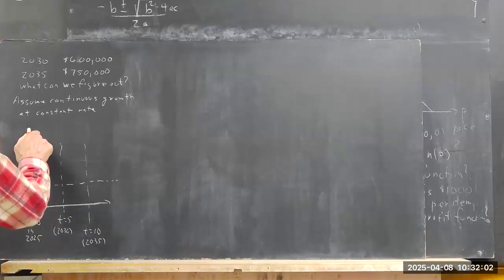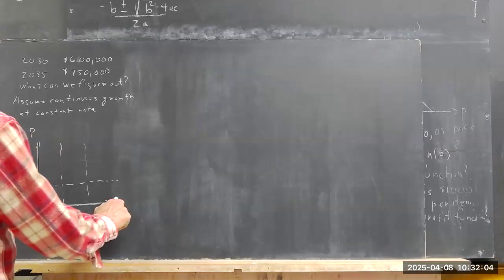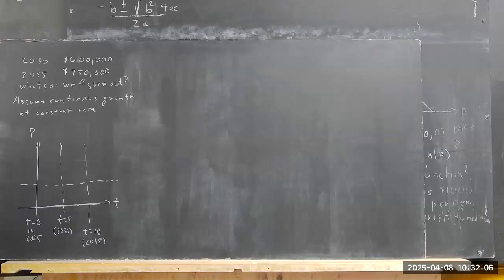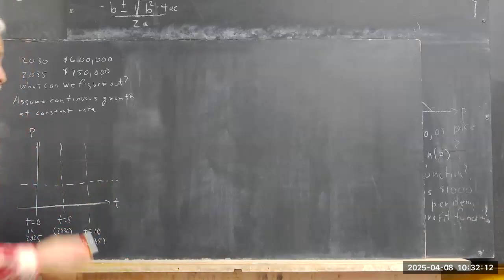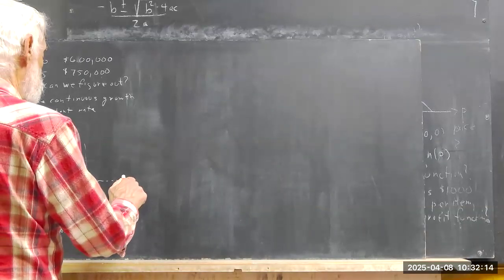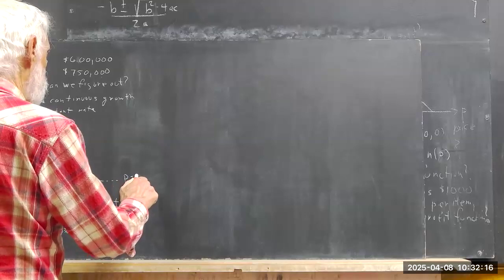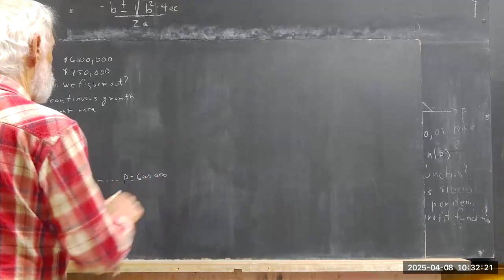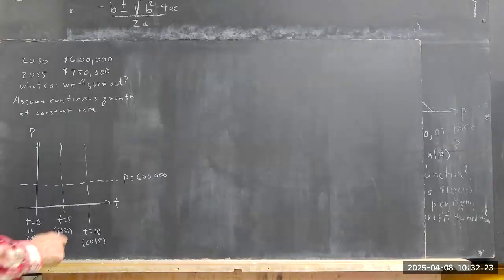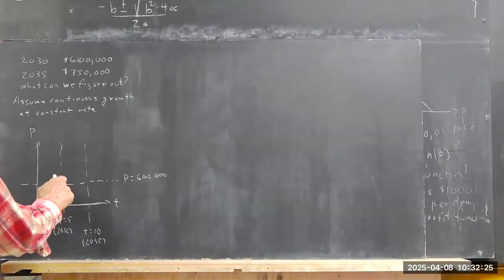So let's call this axis P, the principal, and this axis T. Instead of saying Y equals 600,000, I'm going to call it P. I'm going to say P equals 600,000. Then I have this point on the graph.